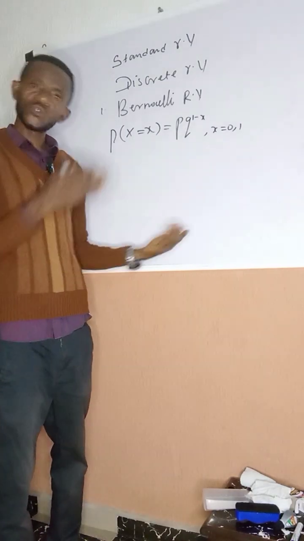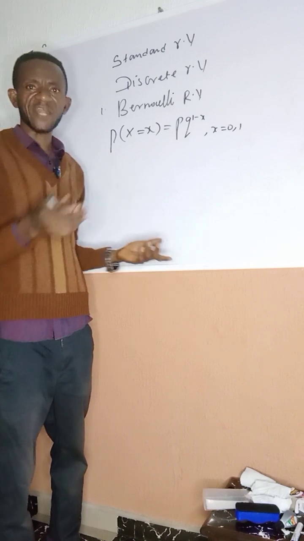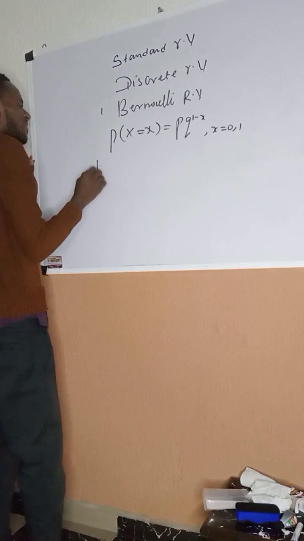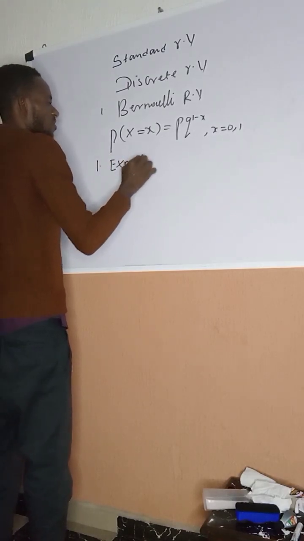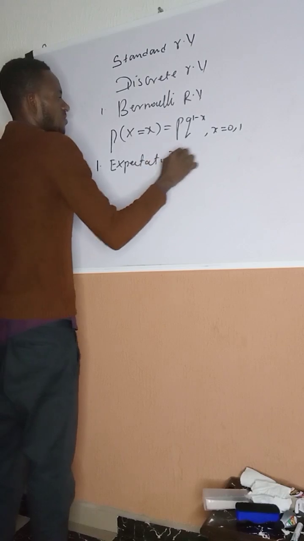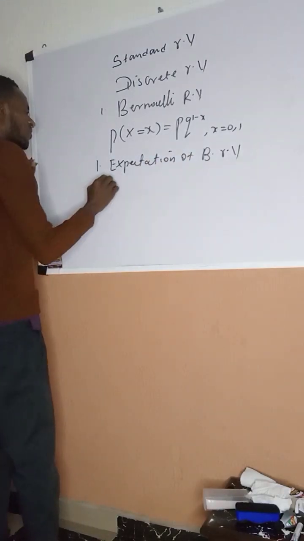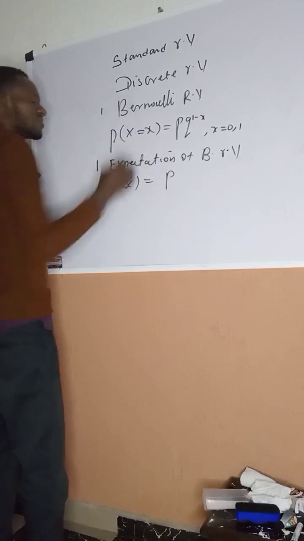So what is now the mean, which we call the expected value of a random variable that follows Bernoulli? We now say that the expected value or expectation of Bernoulli random variable, which will be written as E(X), is given as p.